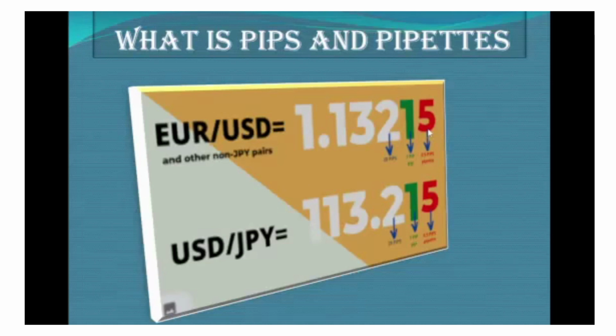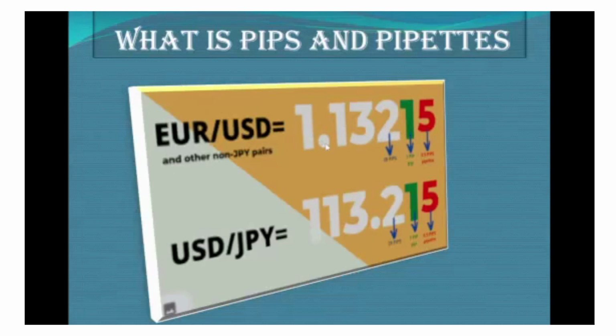Now, a pip is the last decimal place of a quotation. Given that 4 decimal places are used for pairs without the Japanese yen, these are the 4 decimal places, 1, 2, 3, 4. When calculating your pips, this is how you do it.